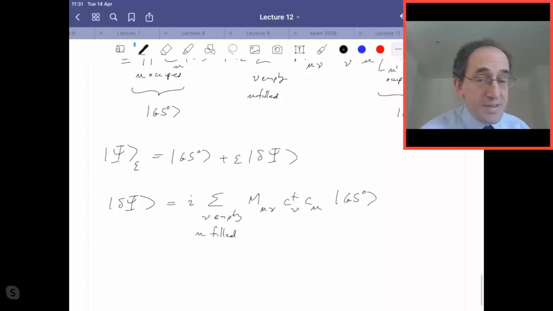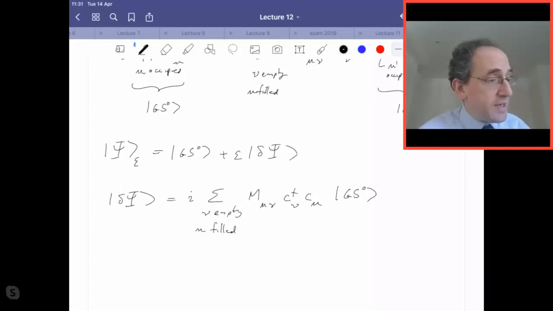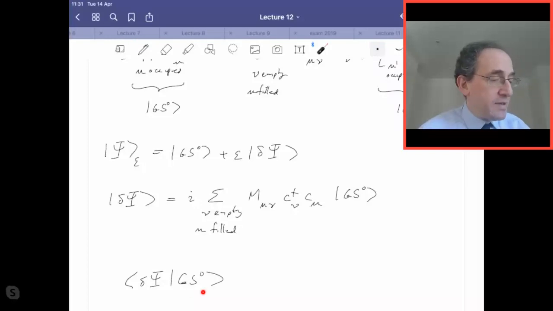So a couple things which are worth noting: at linear order in epsilon, well, at any order in epsilon, this is genuinely true, that d psi is orthogonal to the ground state 0. Why? Well, because I've taken someone out of the state and put them in another state. So it took someone from below and put them above, so the new wave function is orthogonal to the old wave function.